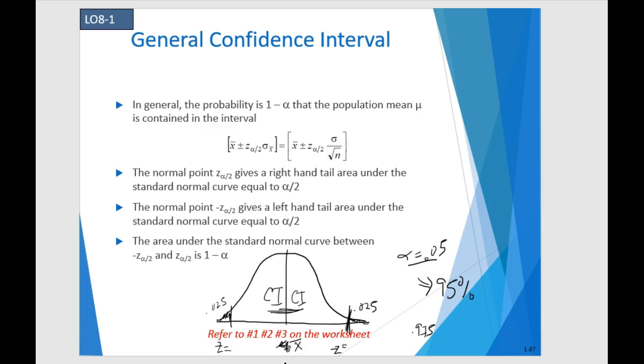Or we could look on this side and find the z value that corresponds to 0.025. I think this one is easier because there's less logic that goes into it; we just find the negative z value over here. So we're going to look in the table for 0.025.